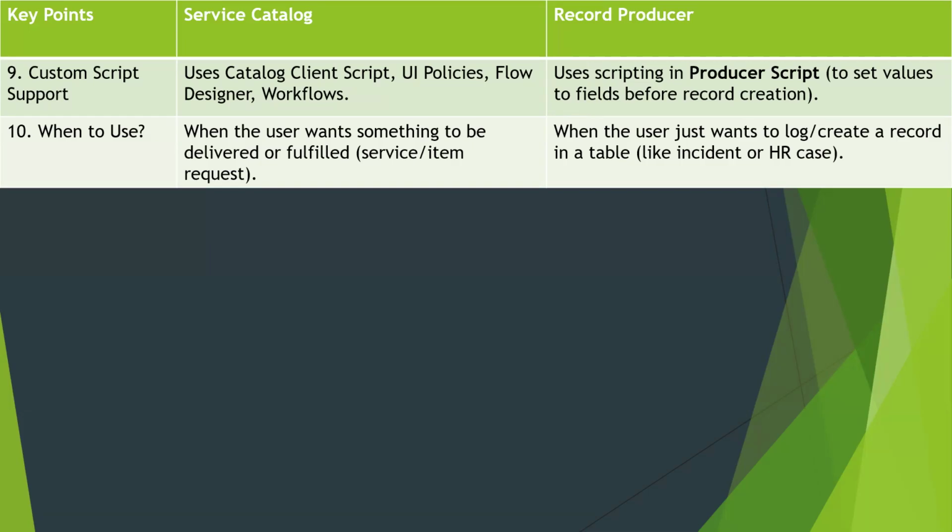We use service catalog when the user wants something to be delivered or fulfilled, so for a service item request we need to use the service catalog. We use a record producer when the user just wants to log or create a new record in a table. For example, if we are facing any error or issue, we can create an incident. In these situations, a record producer is needed.